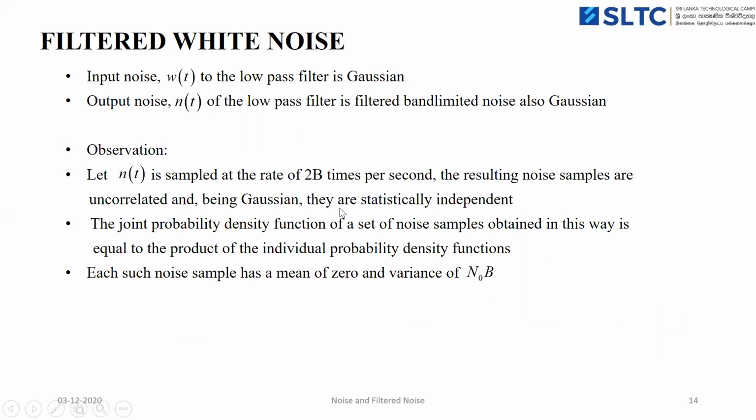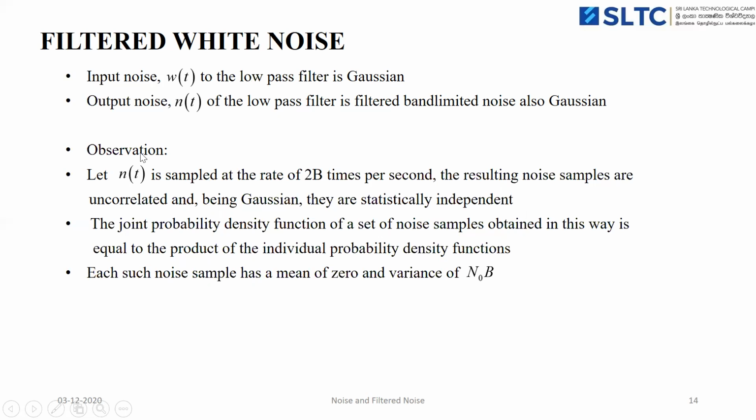Another important thing about the filtered white noise is that the input noise W of t is Gaussian, and the output noise N0 of t of the low pass filter is also Gaussian. After filtering also, the property does not change.